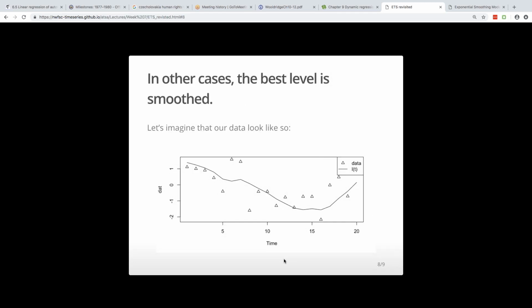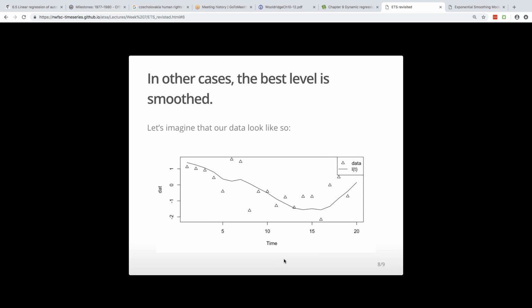But let's look at another example where we have noisy data. Okay, so let's imagine that our data look like that. And now that smooth level, put a smooth line through this. This happens to be what was output by an exponential smoothing model fit to these data.